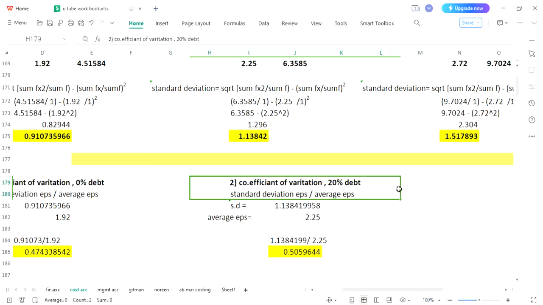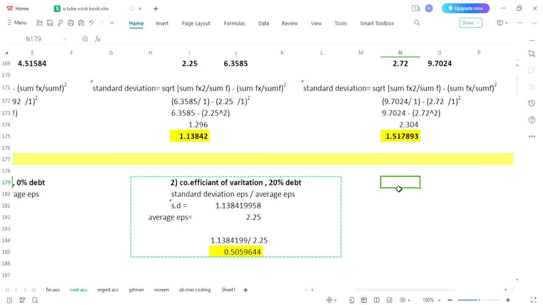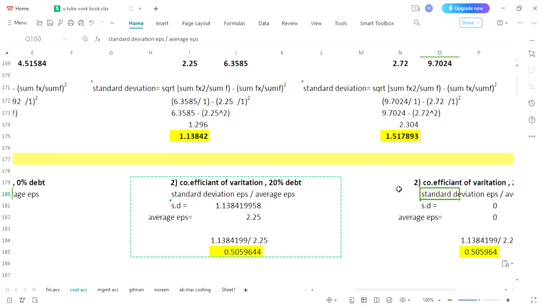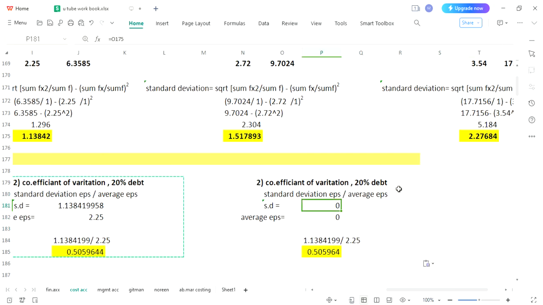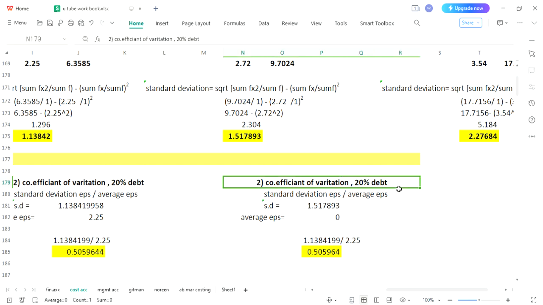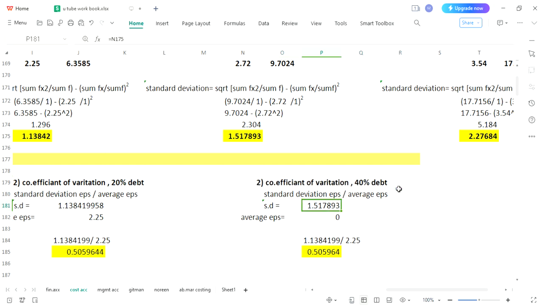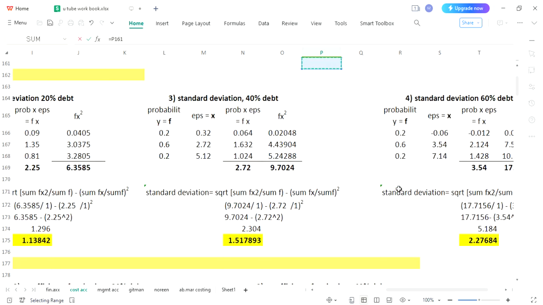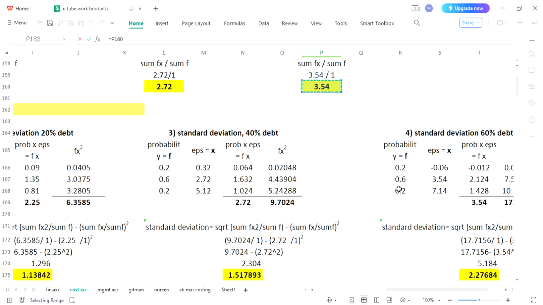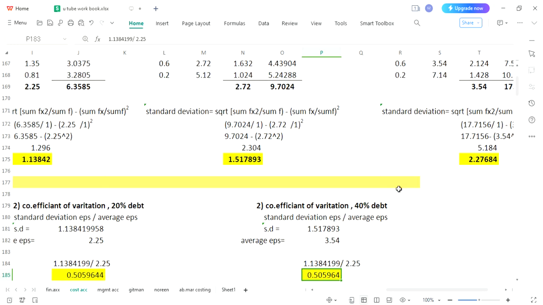In this way we will calculate the third CV over here. For that we need the standard deviation, and this is the standard deviation for the third part. The third part is for 40% debt. For 40% debt we have mentioned our standard deviation, and above it we have calculated the arithmetic mean, that is 3.54, average EPS.